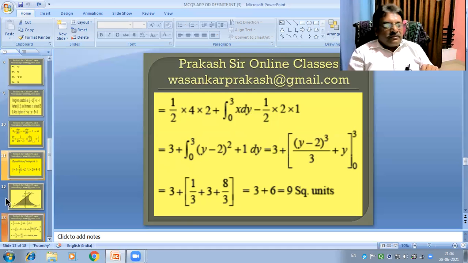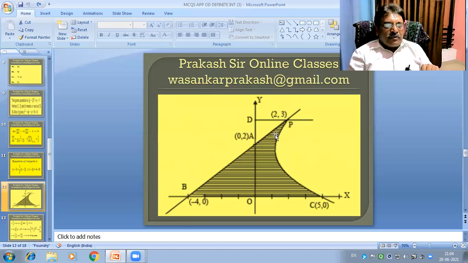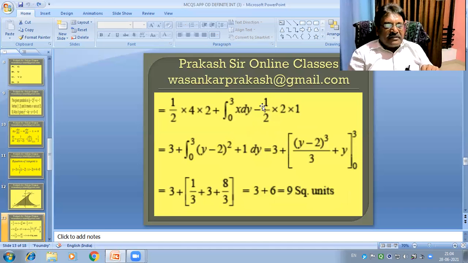And here we find the area of this shaded region; from it we subtract the area of the triangle ADP. So minus 1 by 2 into 2 into 1.